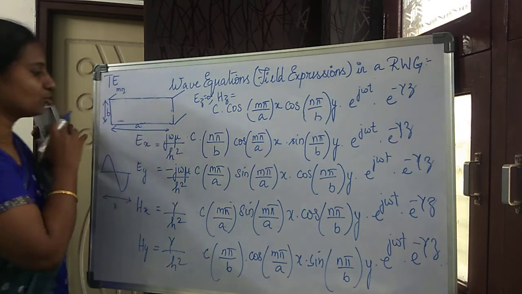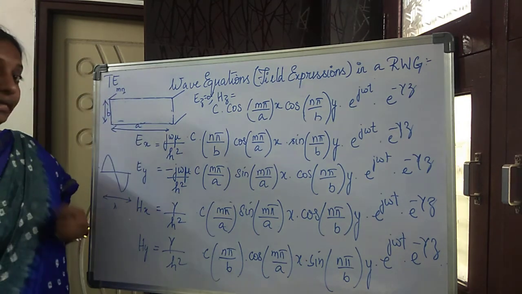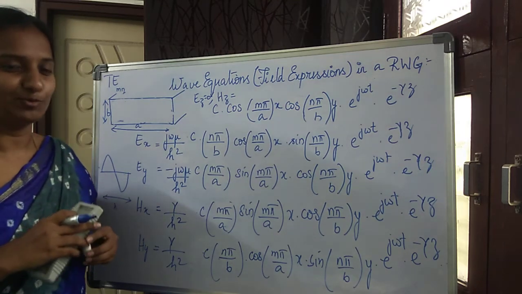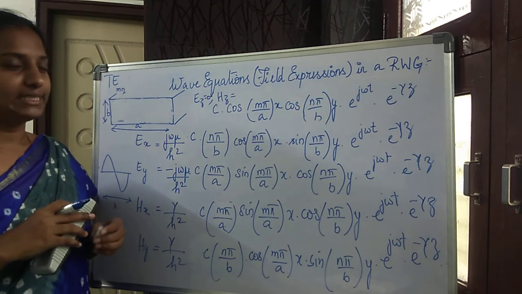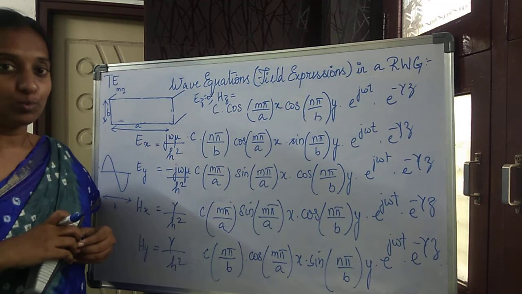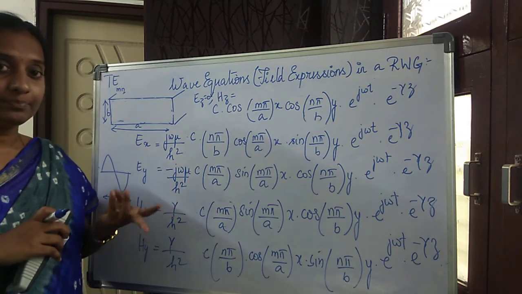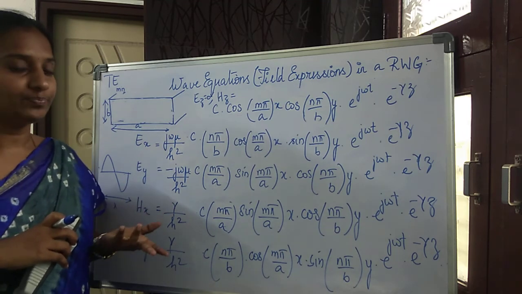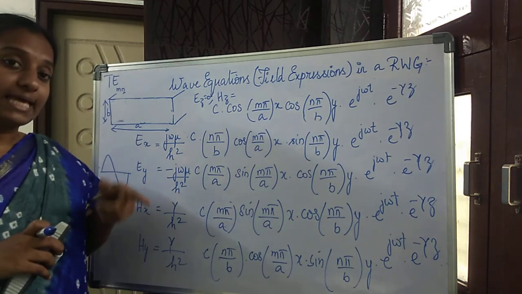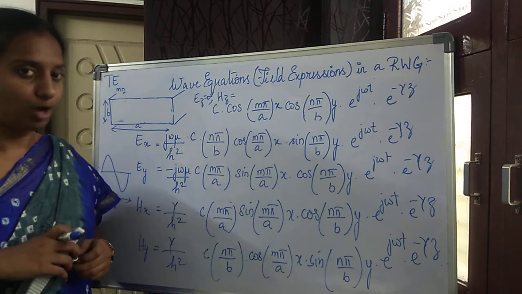Okay. So I already derived the cutoff wavelength for the dominant mode. You remember? For TM, the dominant mode is TM11. When the subscripts M and N are both 1, then I had the highest cutoff wavelength. So whichever mode has the highest cutoff wavelength is called the dominant mode.